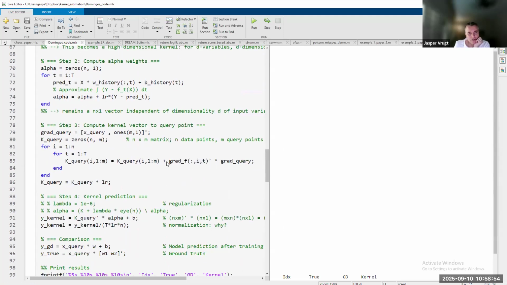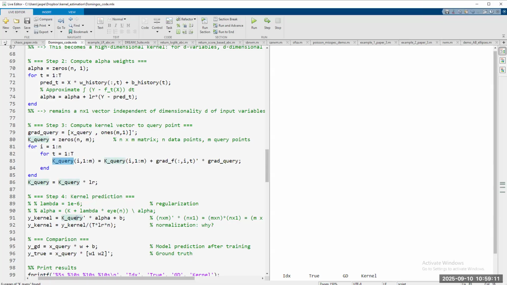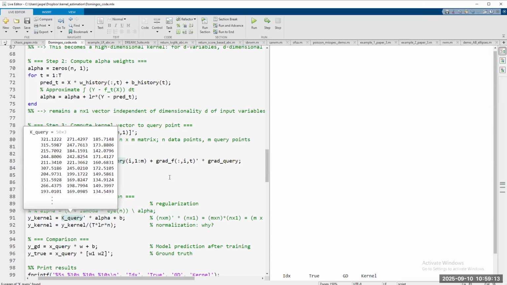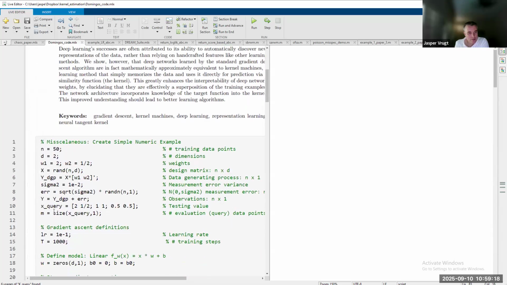Oh. And then the gradient at the query is the X, and then the ones for the intercept, which we don't use, because the derivative with respect to the intercept is 1, dy/db is 1. And what was the M dimension here? M is the number of evaluation samples.